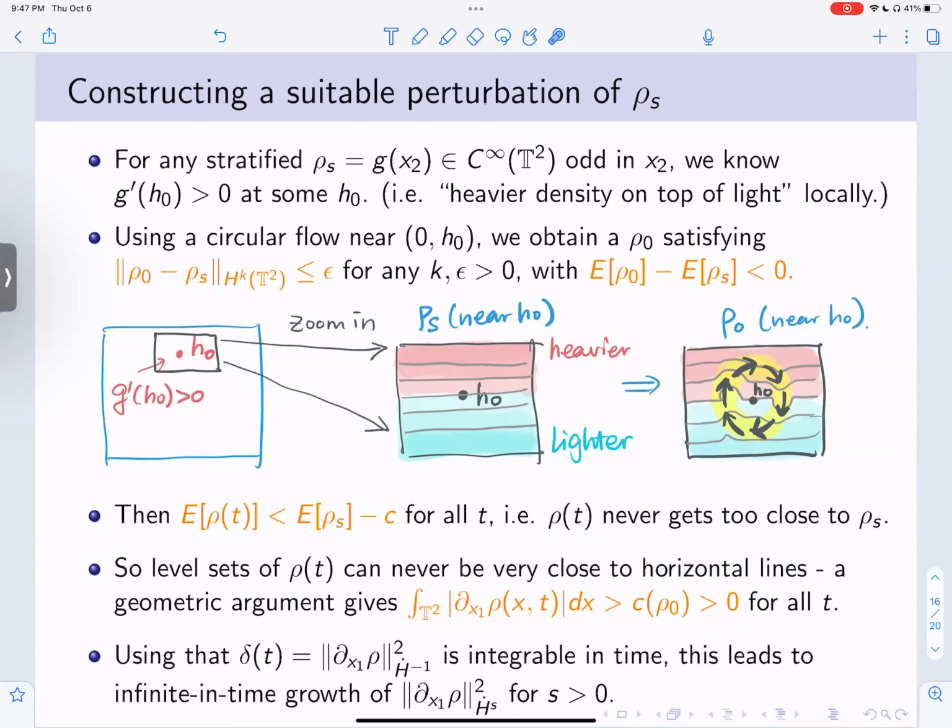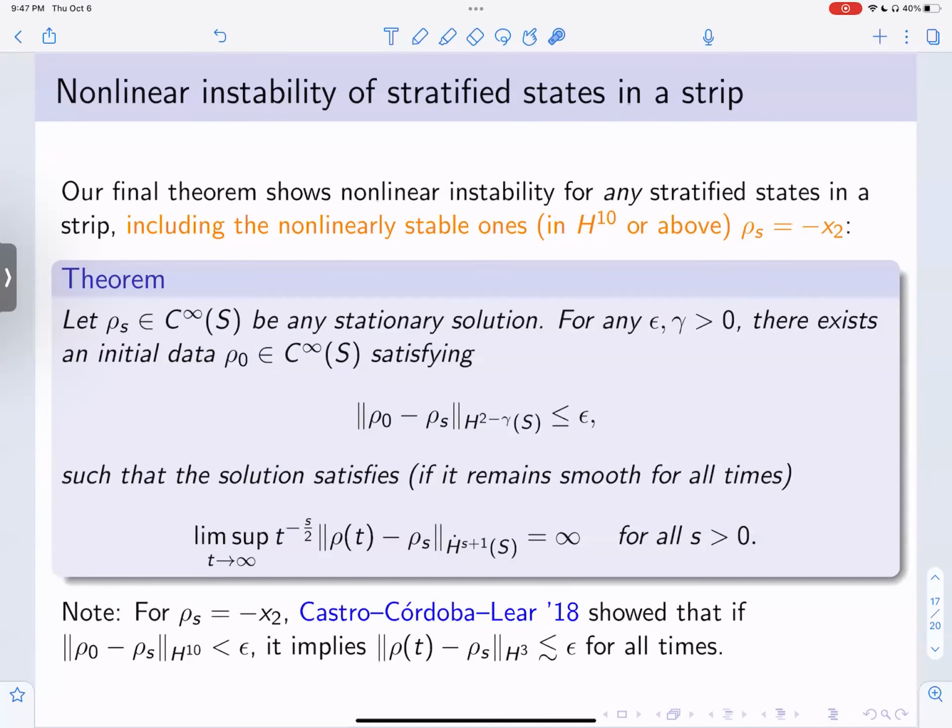Okay, and then we relate this integral with delta. So we show that if this integral is bounded below and delta s becomes small, then a simple interpolation argument on these Sobolev norms shows that these positive Sobolev norms have to grow to infinity. Okay, so that is the infinite in time nonlinear instability result.